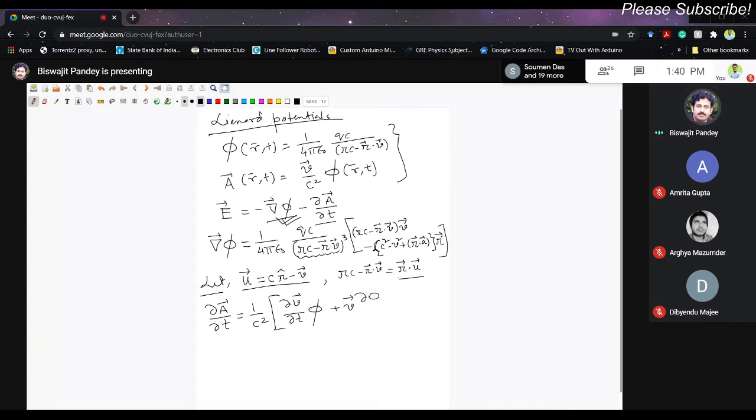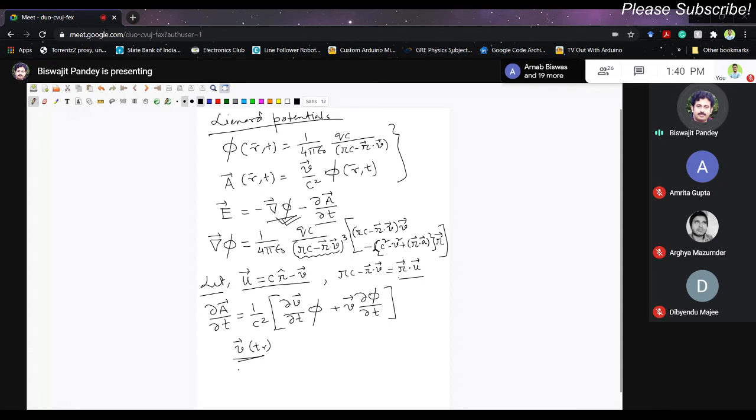And v is not directly a function of t. If you remember, v is the velocity of the moving point charge, and that v is a function of the retarded time tr. So whenever you have something like del v del t, you should actually use del v del tr and del tr del t.